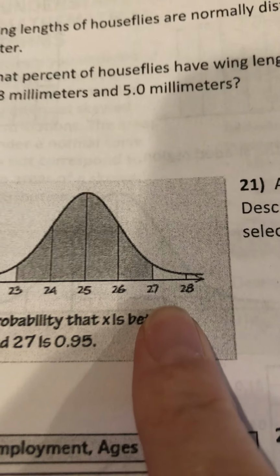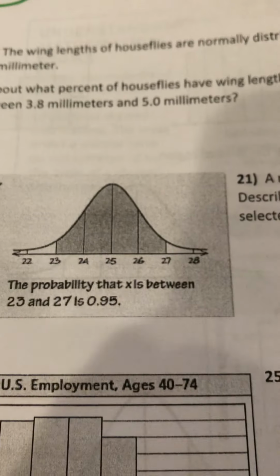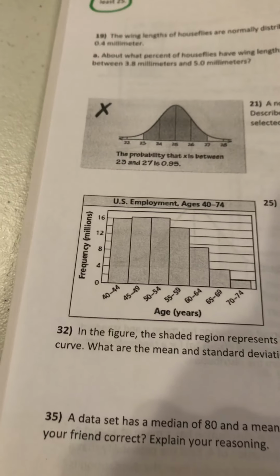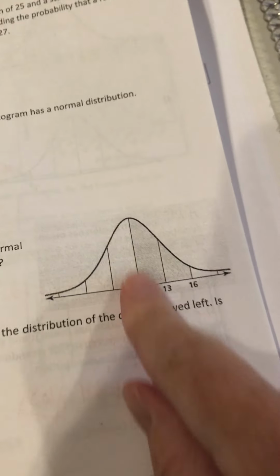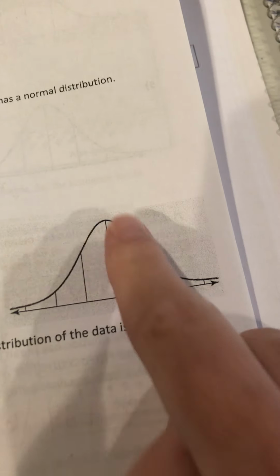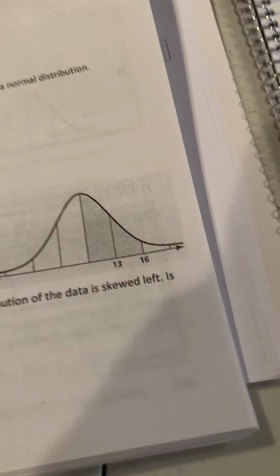Are they adding 2? No. So that's why that one's wrong. Then right here, you're just asking, is this normal? Or is it left skew or right skew? And then right here, they're gonna ask you, what is this shaded? It looks to me like it's this one and this one, right? So that 34 and the 13.5.